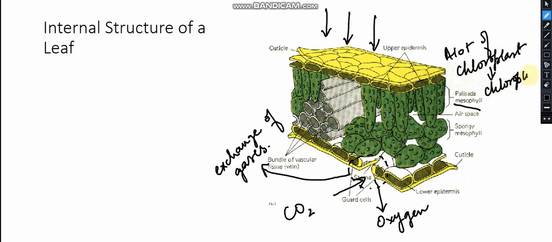So you can say that the palisade layer is the layer inside a leaf that is majorly performing photosynthesis. So when we talk about this leaf, we know how these two key elements are being obtained: carbon dioxide and sunlight.